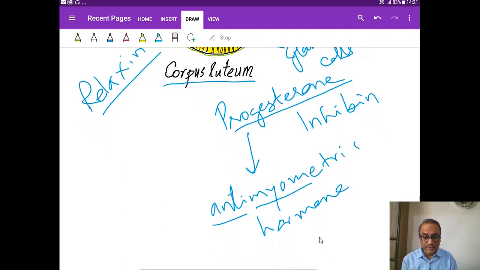And progesterone is therefore called an anti-myometric hormone, which keeps the wall of the uterus static, and doesn't allow it to undergo contractions. That's why it is anti-myometric, and therefore we say that corpus luteum helps in maintaining the pregnancy through the important hormone called progesterone.